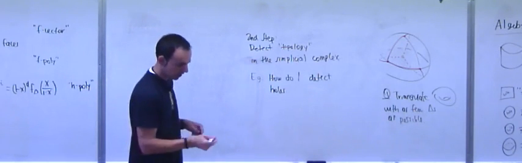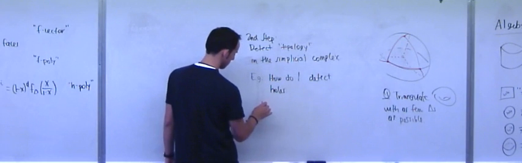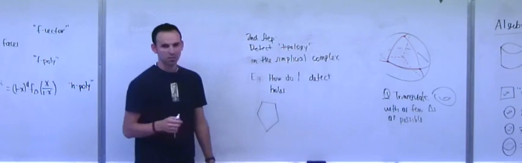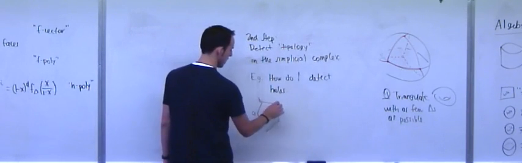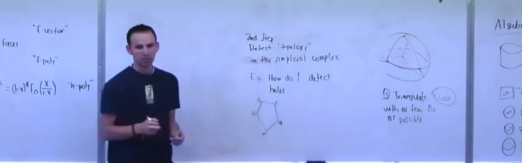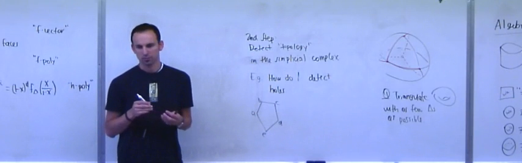Well, the kind of thing you can do is you're going to look for something like this in your simplicial complex. If you have edges from A to B, from B to C, from C to D, from D to E, from E to A, then you might have a chance of seeing a hole there.